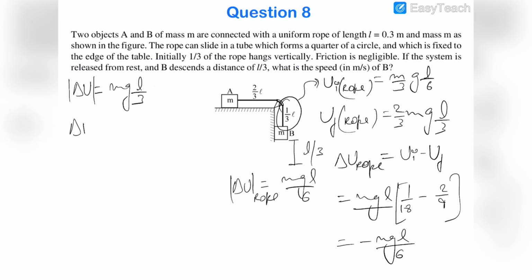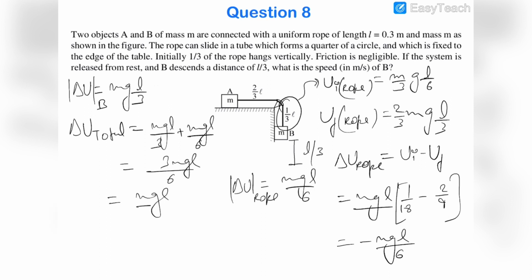So total delta U will be, this is of B, mgL by 3 plus mgL by 6. So this is 3 by 6 mgL. So this is mgL by 2, and it would be equal to half of m v square.